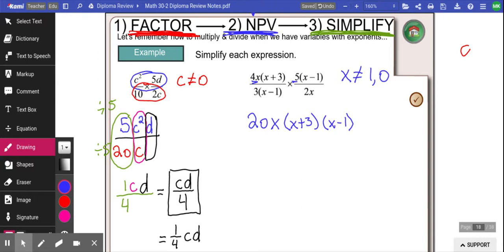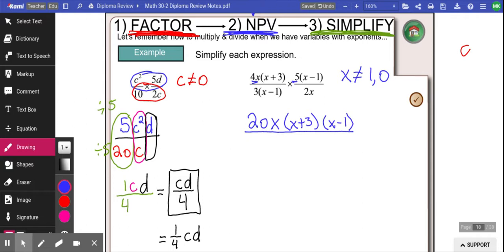My reasoning for doing that is because when I go to reduce, remember that you can only reduce entire packages or entire binomials. So I want it like that so that I can cancel things out easier. On the bottom, I'm going to do the same thing.